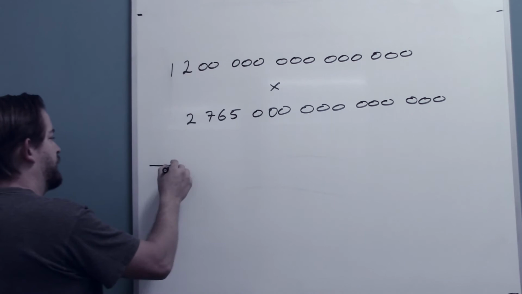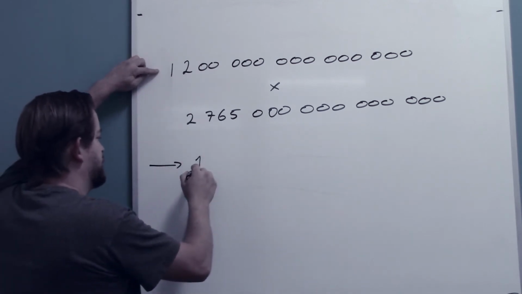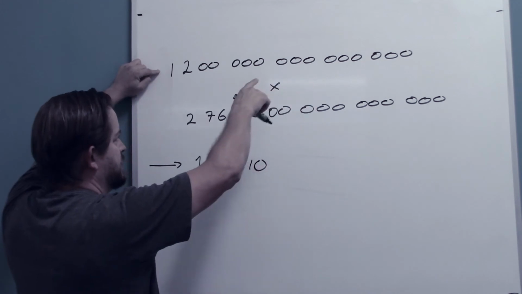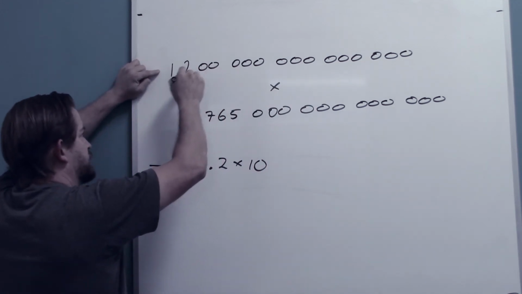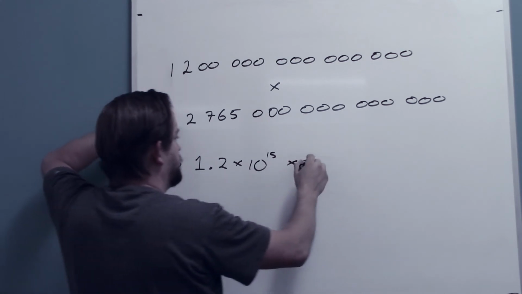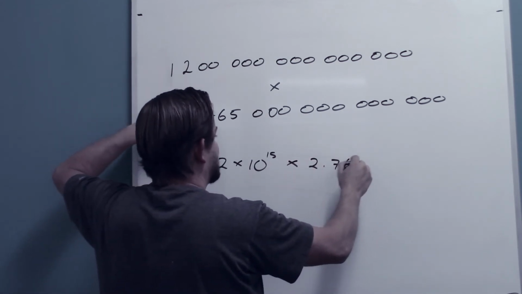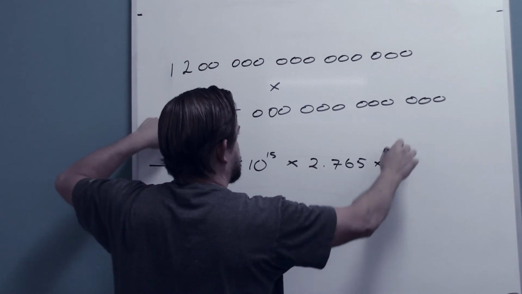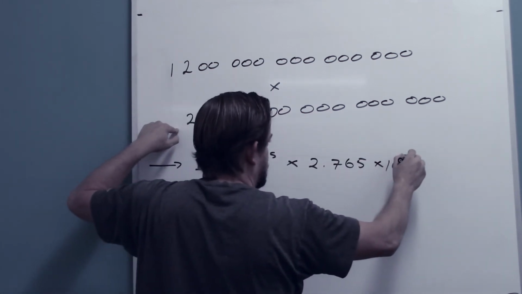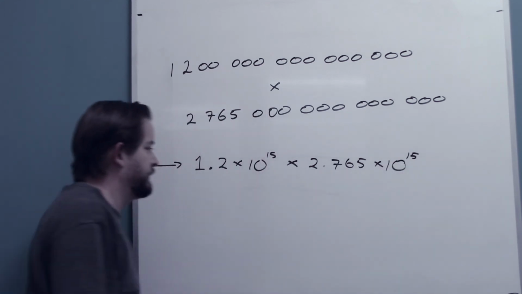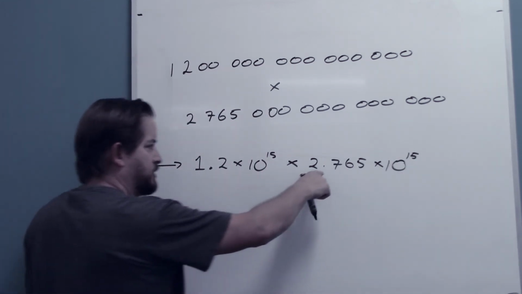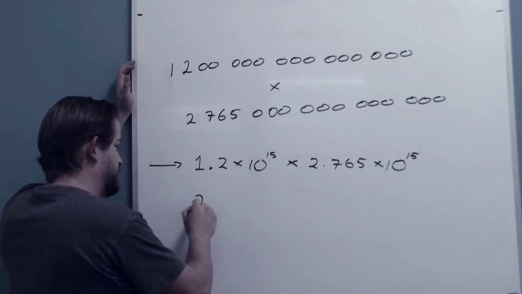So again, I'm going to rewrite this as 1.2 times 10 to the 3, 6, 9, 10, 11, 12, 13, 14, 15, and then multiplied by 2.765 times 10 to the 3, 6, 9, 12, 13, 14, 15 as well. Right? And so all I have to do is figure out what 1.2 times 2.765 is.